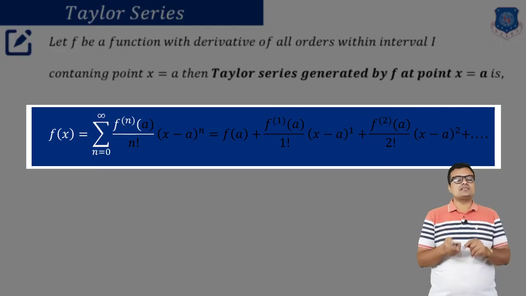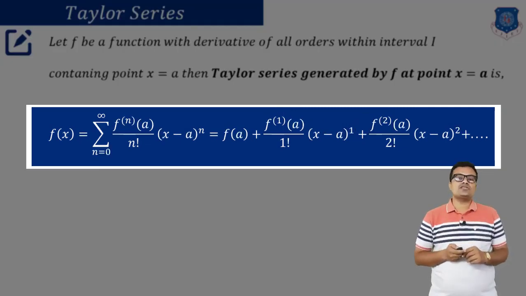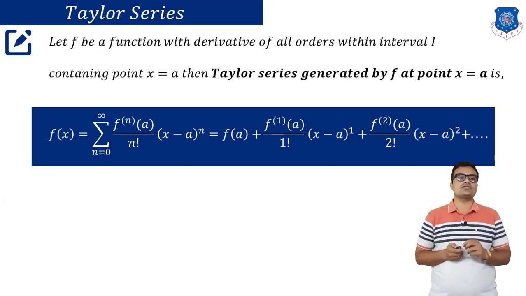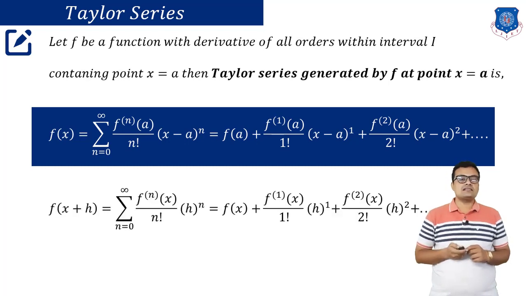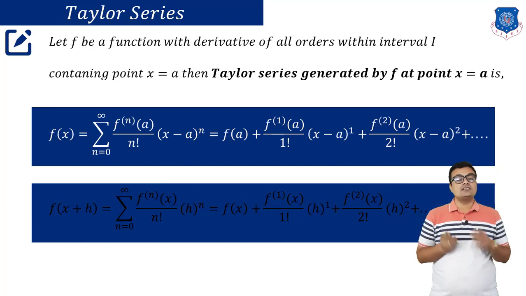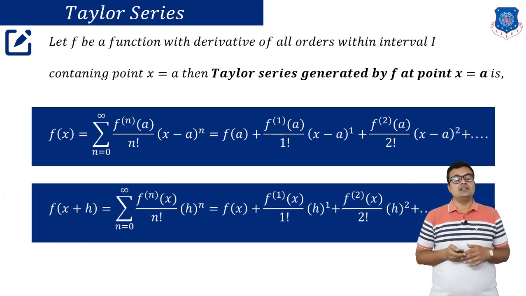So remember, this is nothing but your definition of Taylor series of any function at any point x equal to a. Now let us consider one more formation of this. Suppose I shift my value from x to x plus h, then this is how you can find the value of the Taylor series with the help of this shift h.